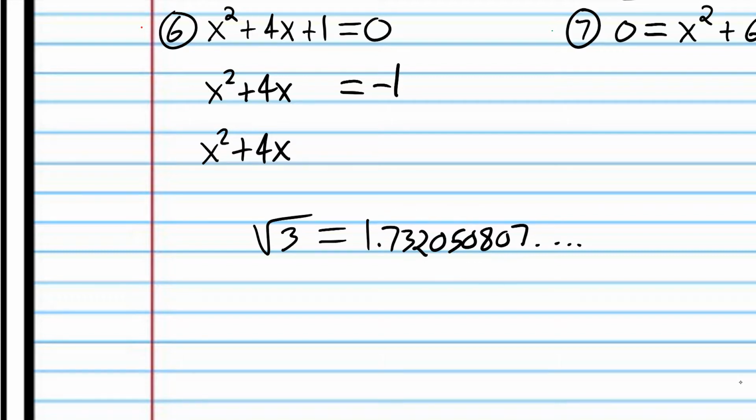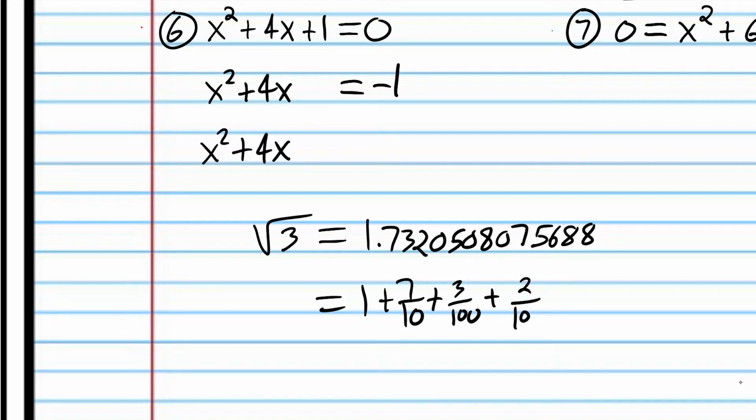After the 7, it doesn't repeat. It just goes to 5, 6, 8, 8. There's no repeating. If it keeps going on forever and it does not repeat, that is an irrational number, because you can write this as 7/10 plus 3/100 plus 2/1,000.